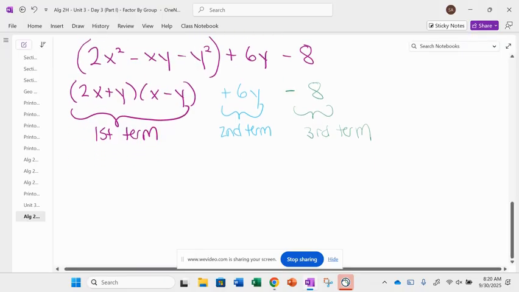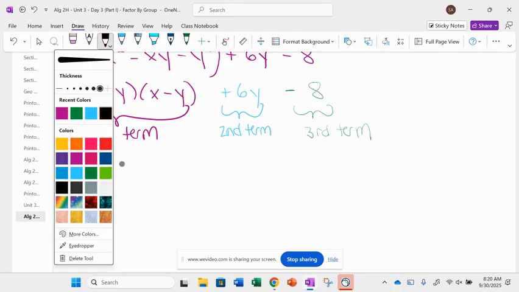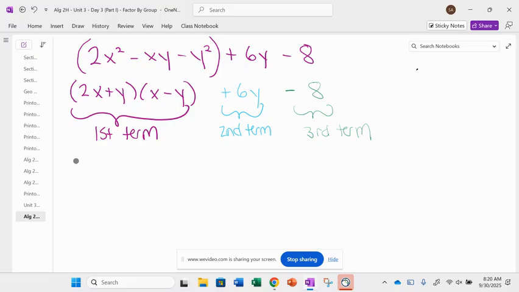Okay, so now when it comes to factoring, I'm going to set up my double set of parentheses. And what's going to go in the front or the beginning of each parenthesis? Violet? You got it. The factors of our first term are going to go in the beginning of each parenthesis.